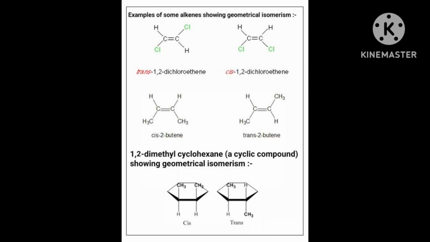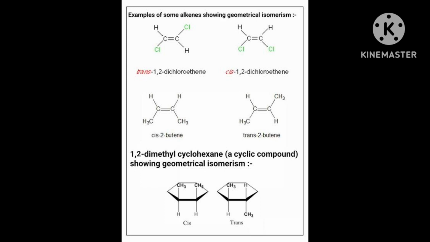Geometry means they will differ in angle. I will not go into details on that now; at the right place I will discuss it. But geometrical isomerism means that they differ in angles in space. And optical isomerism, optical means light.